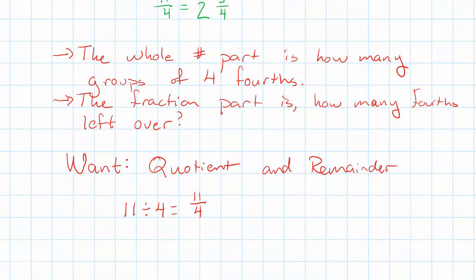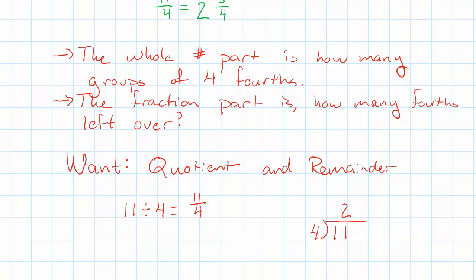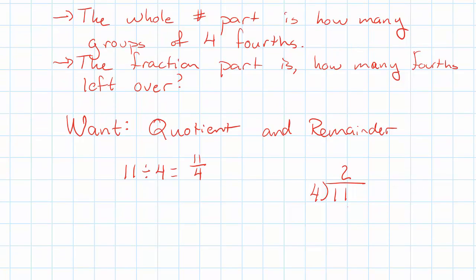Well, if we do the division, 4 goes into 11 twice, using up 8, with 3 left over. So we can also think that 11 divided by 4 is 2 whole things, and then the 3 things that are left over, cut each one into 4 equal parts.